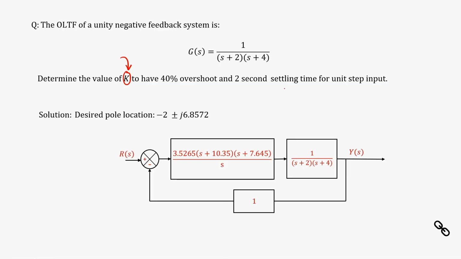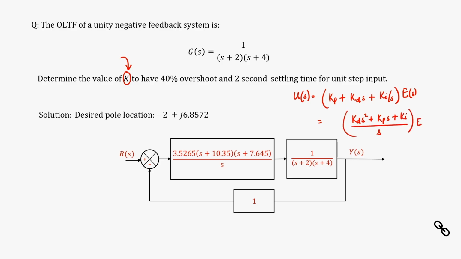For this example, what is the output in this case? The output of the controller would be U(s) is equal to Kp plus Kd s plus Ki by s into E(s), which is nothing but (Kd s square plus Kp s plus Ki) by s whole into E(s). Now, you can take Kd out from here, you will have (s square plus Kp by Kd s plus Ki by Kd) by s, E(s).